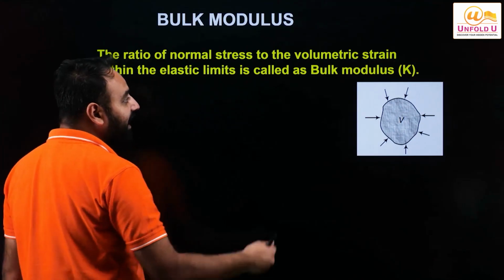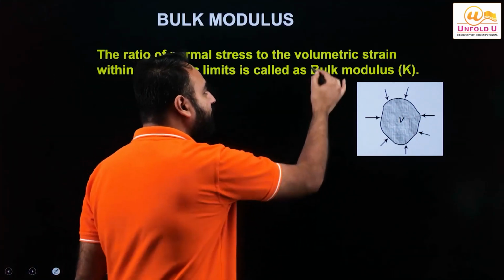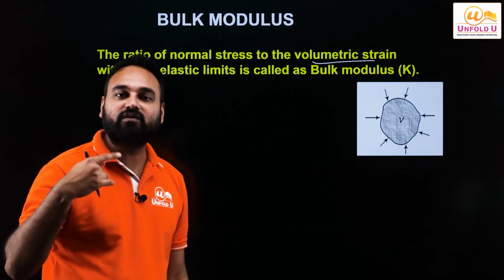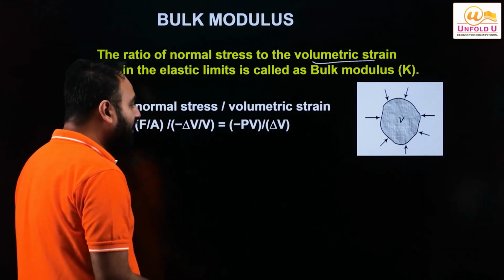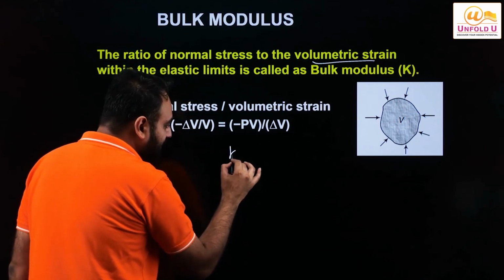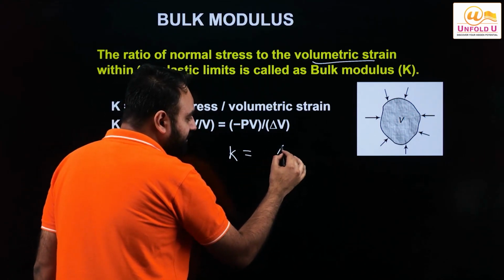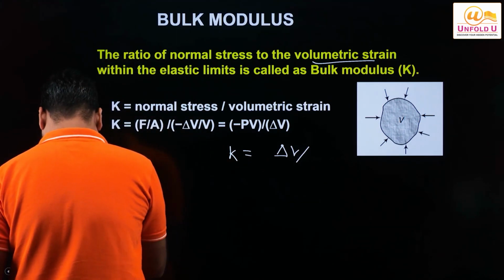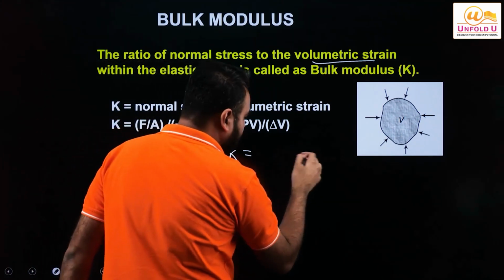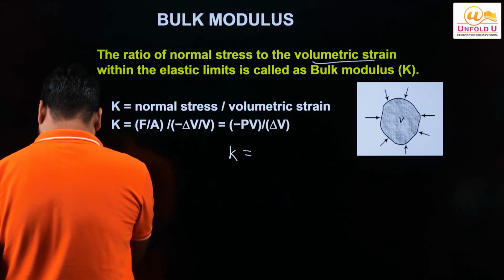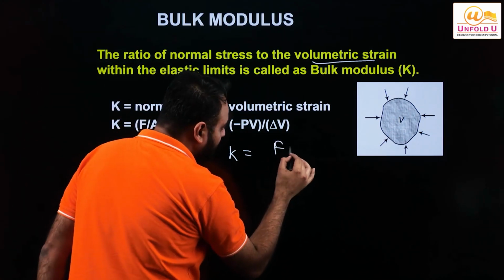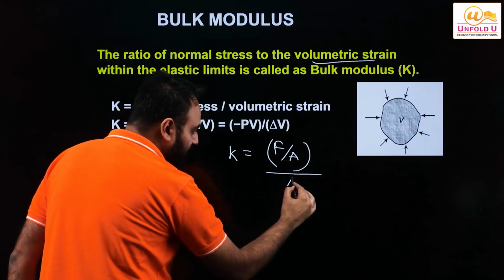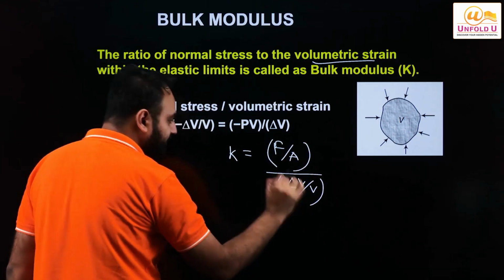Now, if I have to define modulus of elasticity for volumetric stress and strain, how do we define it? We define it by a letter K and that is called Bulk's modulus, right? And Bulk's modulus of elasticity is given by force per unit area divided by change in volume upon volume, right?